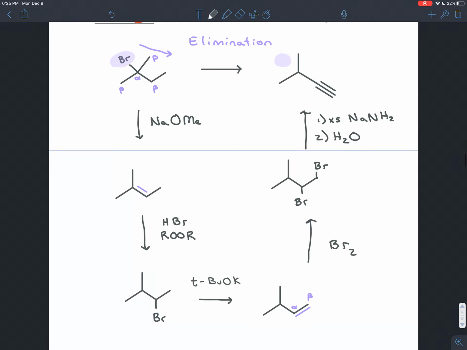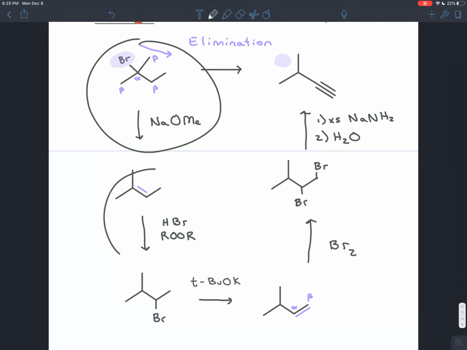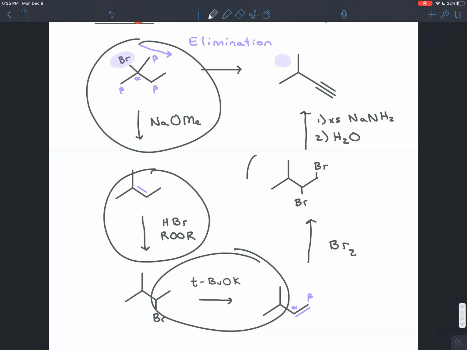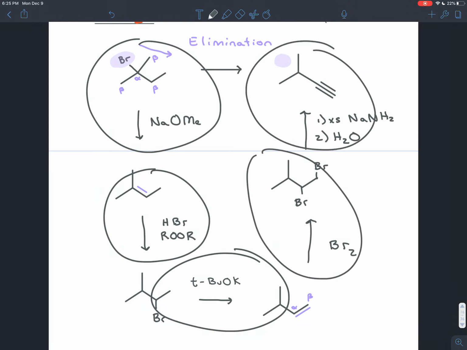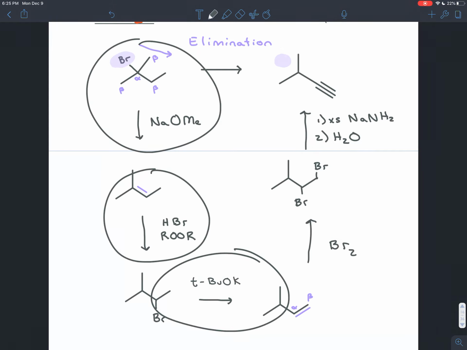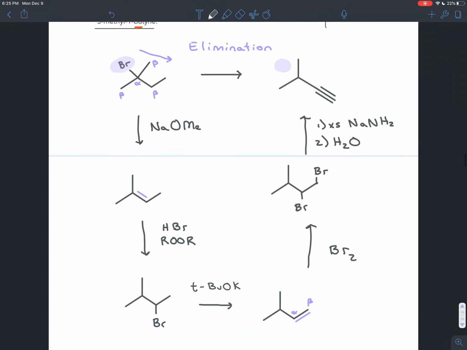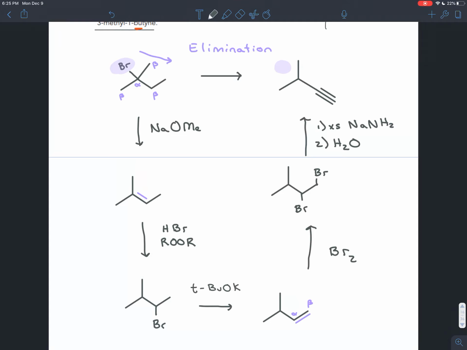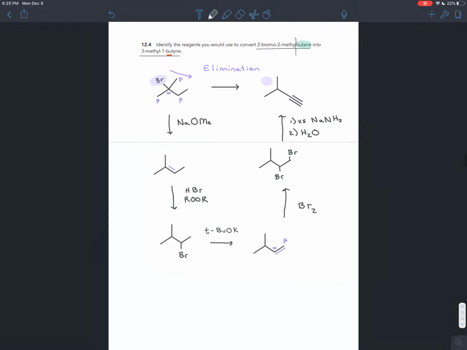Hopefully, if you've mastered these reactions individually, the idea that you can do an elimination, followed by an addition, followed by an elimination, followed by an addition, followed by an elimination, that idea is clear, that you can move the reactive part of a molecule from one end to the other. And the other detail here is that you can turn an alkene into an alkyne by adding 2 bromines and then using excess sodium amide in water.